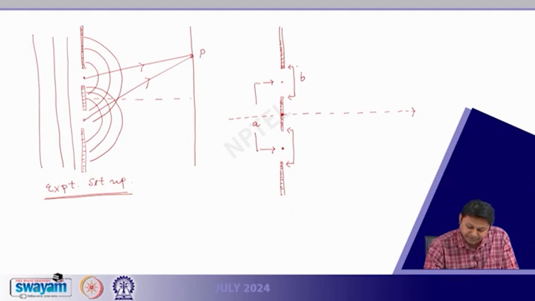So, now we need to just understand what the coordinates are, and then we are done. Let me write down the coordinates of this point, this point, this point, and this point. If this is y equal to 0, then from here to here it is A by 2, and this region is B by 2.